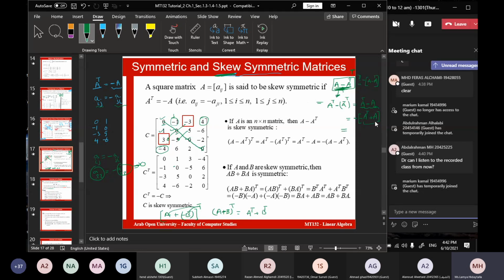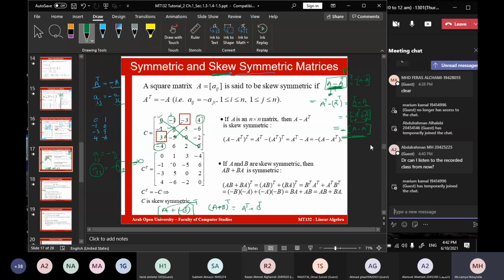I can flip these two. So this is equal to minus A and then minus A transpose, correct? Take each one with its sign. So this is equal to that. So yes, for A minus A transpose, when I get the transpose of it, I am getting minus the matrix. So it is skew symmetric. Clear for all? Any question for now?